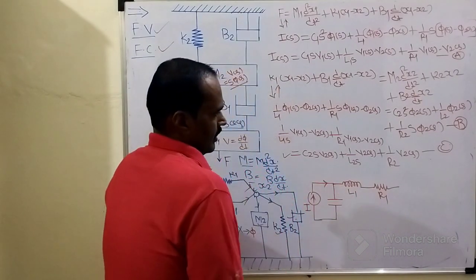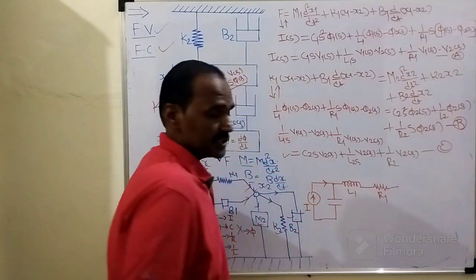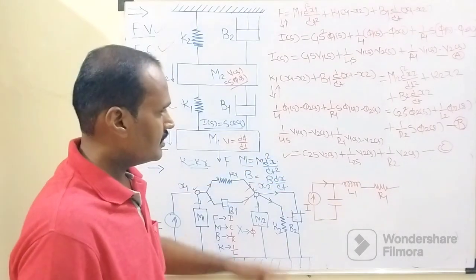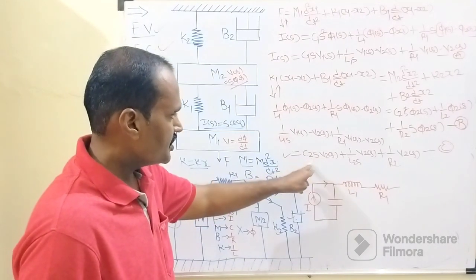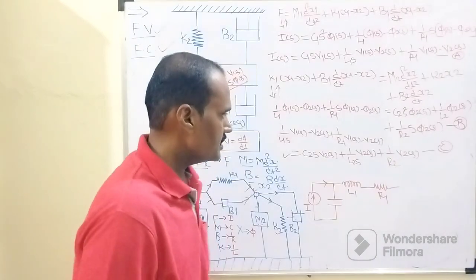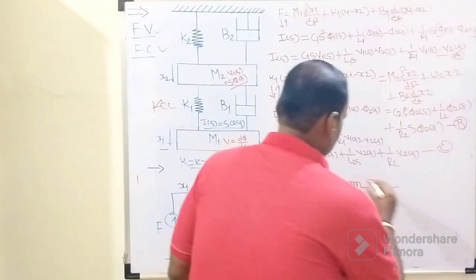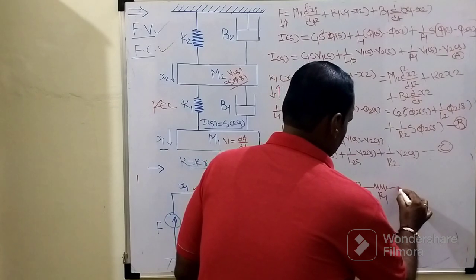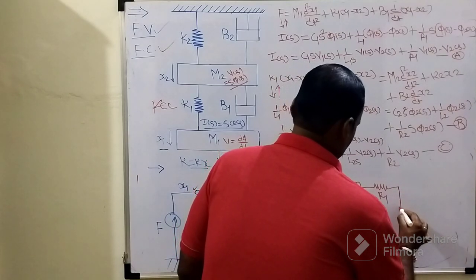Then as far as equation capital C is concerned, the first two elements have already been shown. The remaining three elements: the coefficient of C2 is V2, the coefficient of 1 over L2 is V2, and the coefficient of R2 is also V2. These three elements are connected in shunt form, as they share the same voltage.